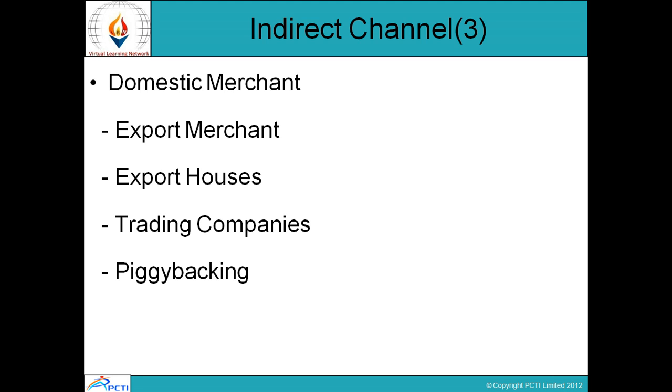Another is export houses, most prevalent. There are a number of export houses that export products produced by manufacturers. Another are trading companies. Unlike an export house which concentrates on export, a trading company is active in both export and import.